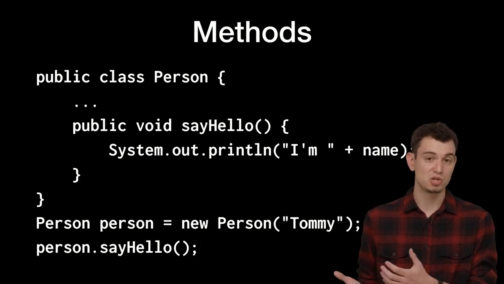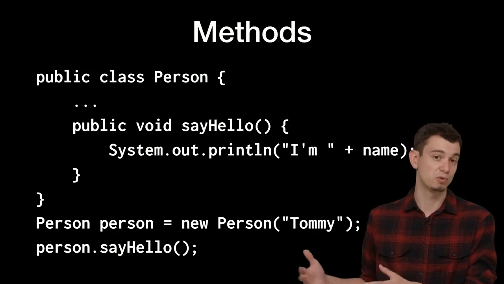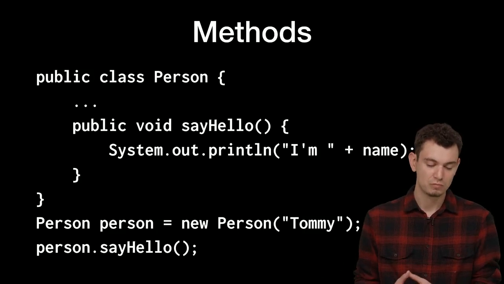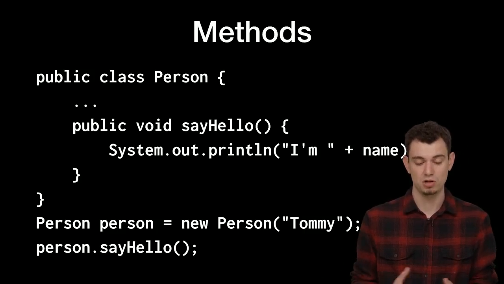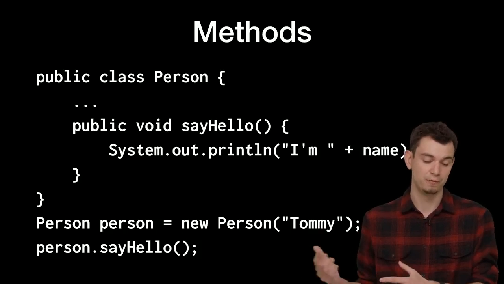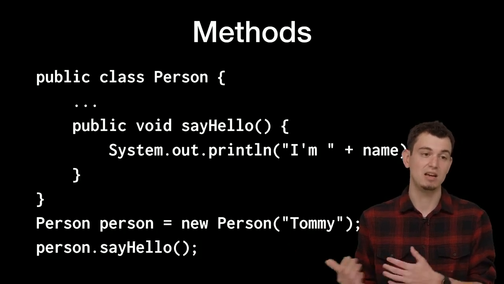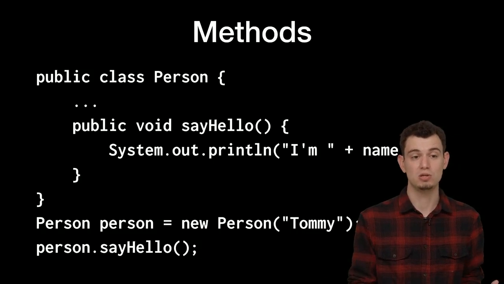So here you'll notice this is also camel case, so starting with the lowercase letter, and then every new word will start with an uppercase letter. This method doesn't take any parameters, and its body is just one line. We're just, again, going to print something out to the screen, and we're going to say I'm and then that name variable. So you'll notice here that we don't need to pass in that name variable again to this method because we already passed it to the constructor and then we saved it.